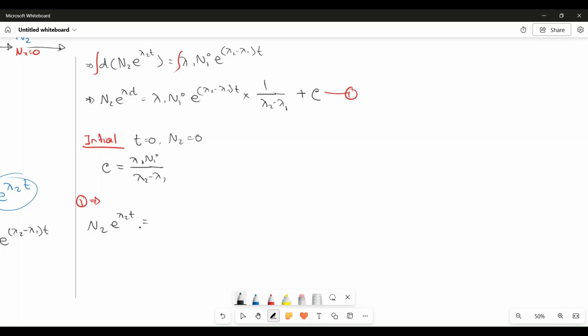Okay, no. So let's keep this here. Lambda 2 minus lambda 1. Okay, and the C, there will be a minus sign here in the C. There is a minus sign, so C is basically negative.